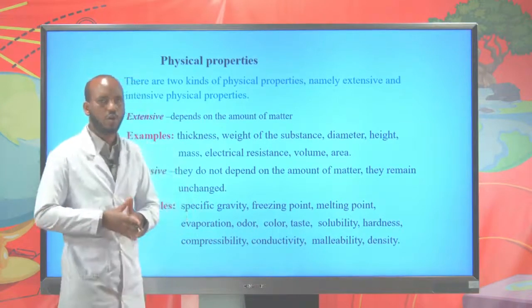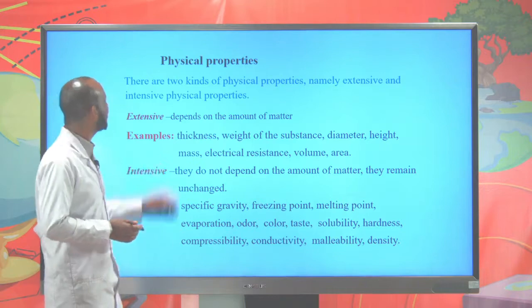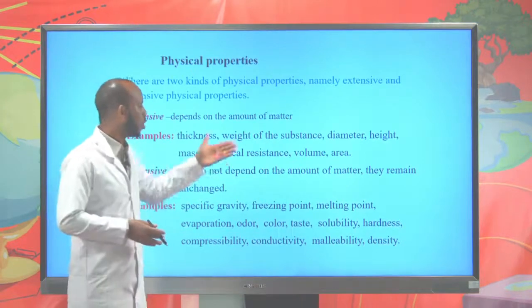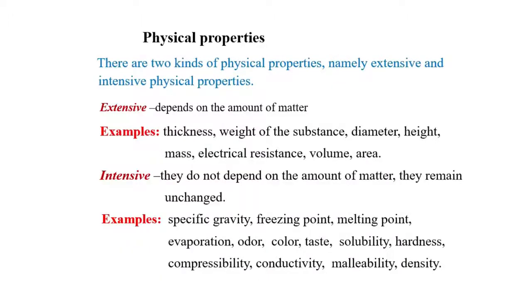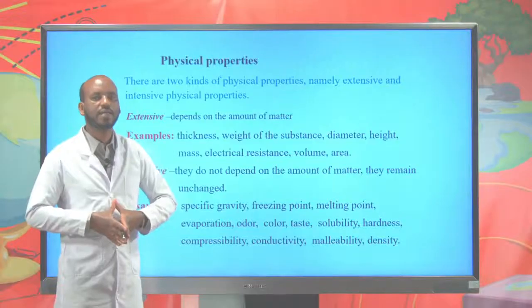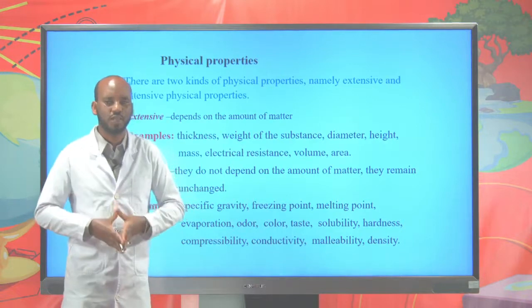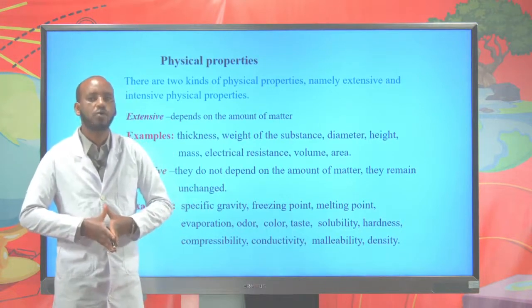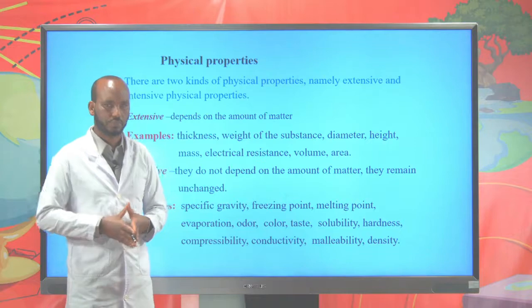For example, properties such as thickness, weight of the substance, diameter, height, mass, electrical resistance, volume, area, and so on are extensive properties of a substance which depend on amounts of matter present.